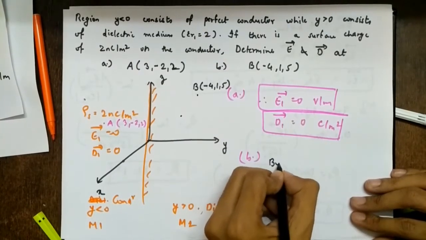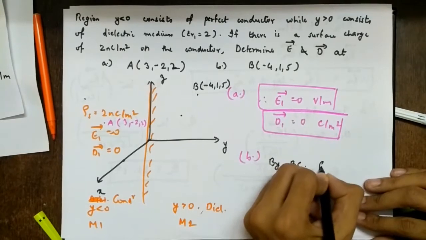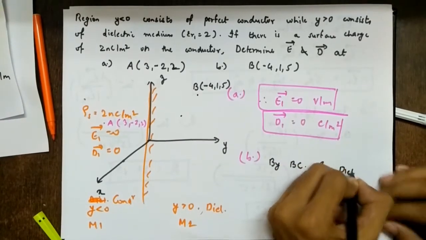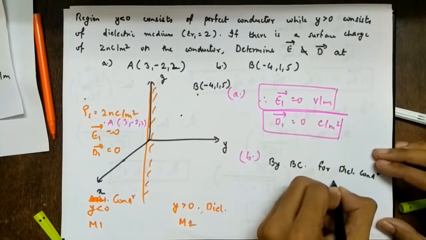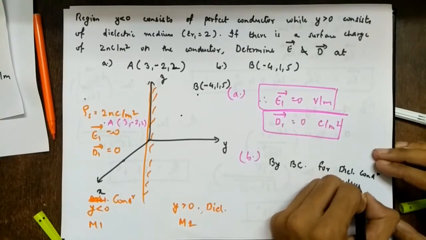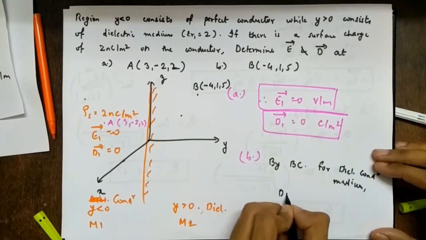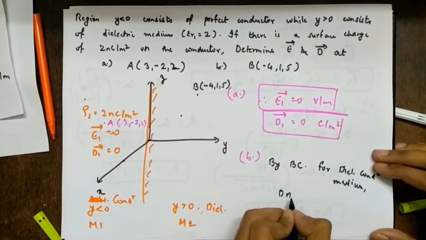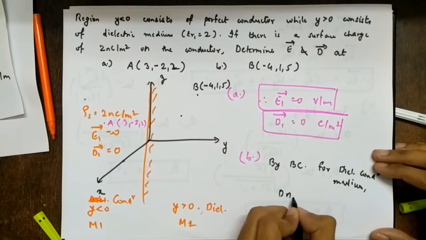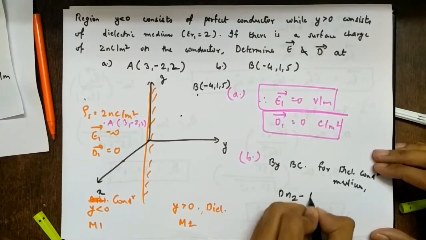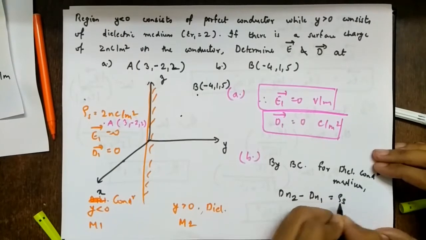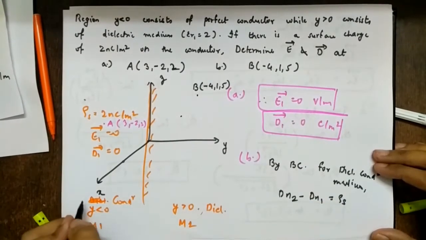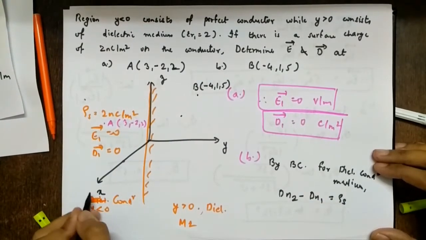Yeah. So by boundary conditions for dielectric, conductor, medium, what we know, dn2 minus dn1 equal to rho s, I'll say, because my conductor is what? Medium 1, right?